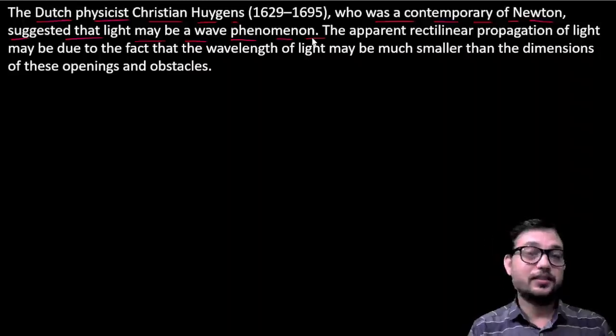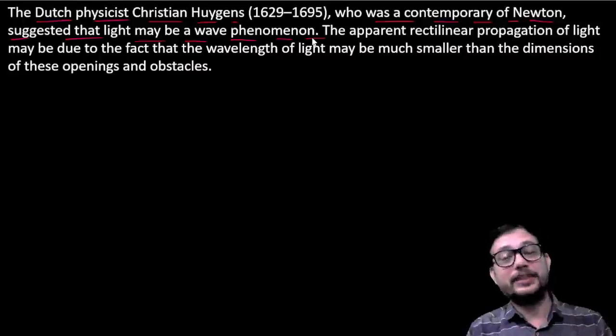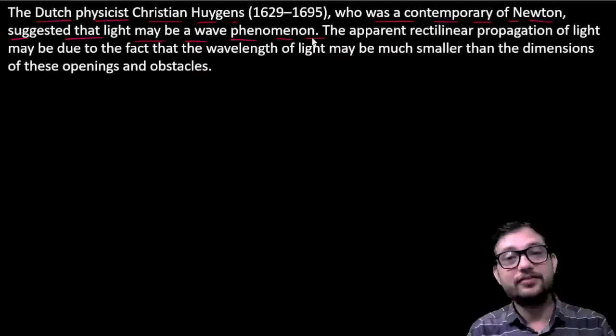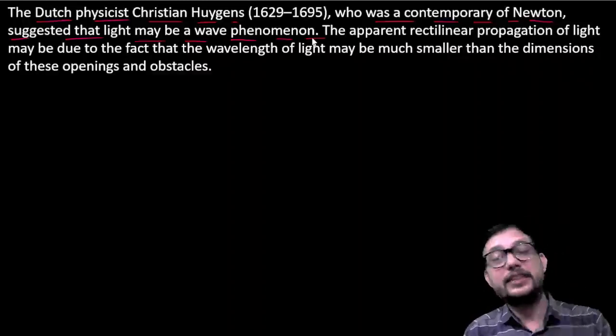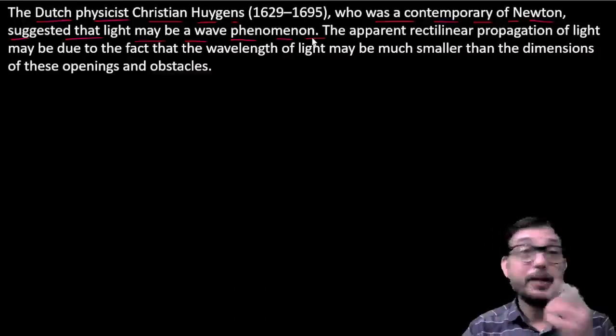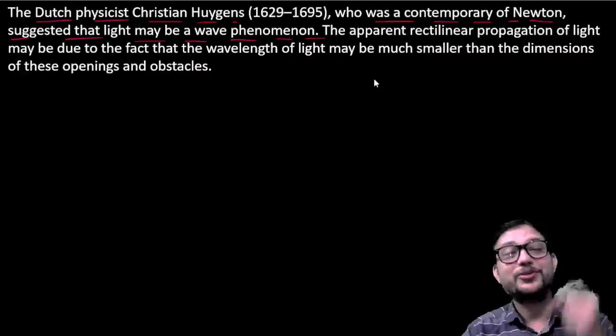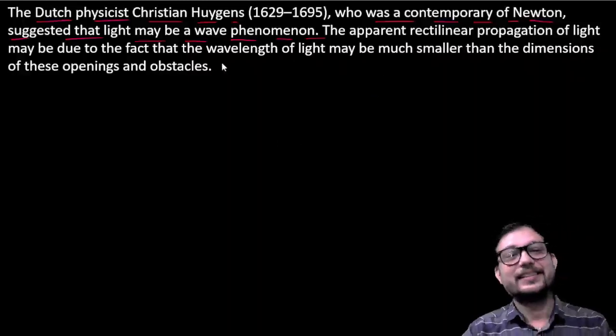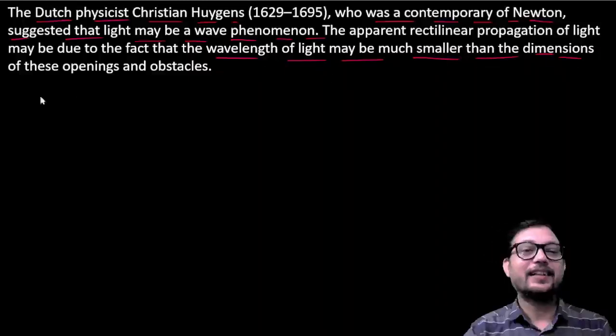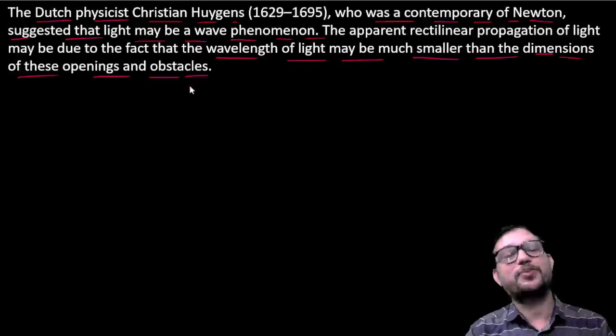Although it is a wave, it travels in a straight line. According to Huygens, the reason may be that the wavelength of light is much smaller than the dimensions of the opening and obstacles.